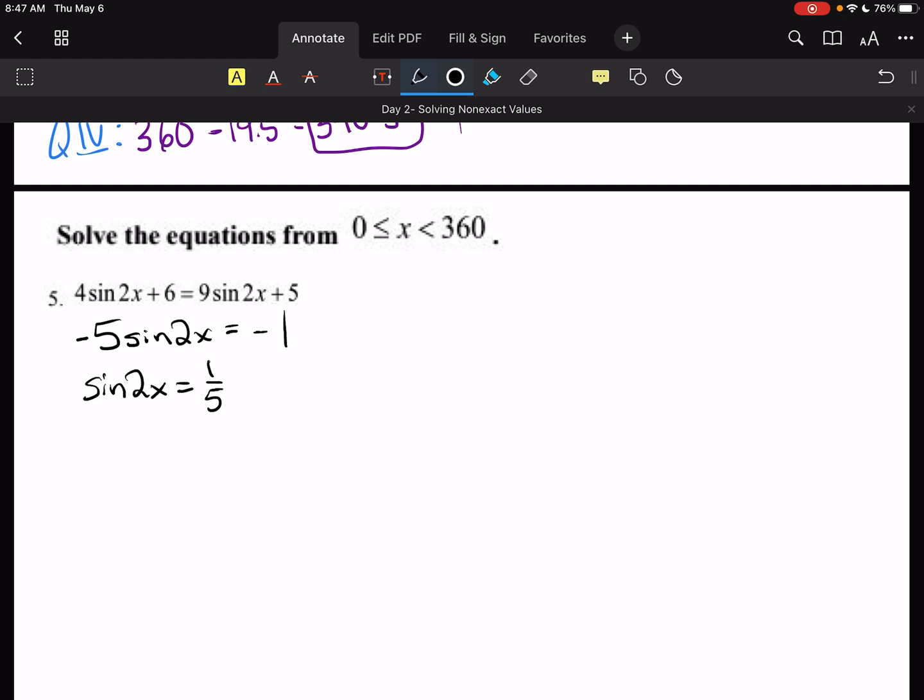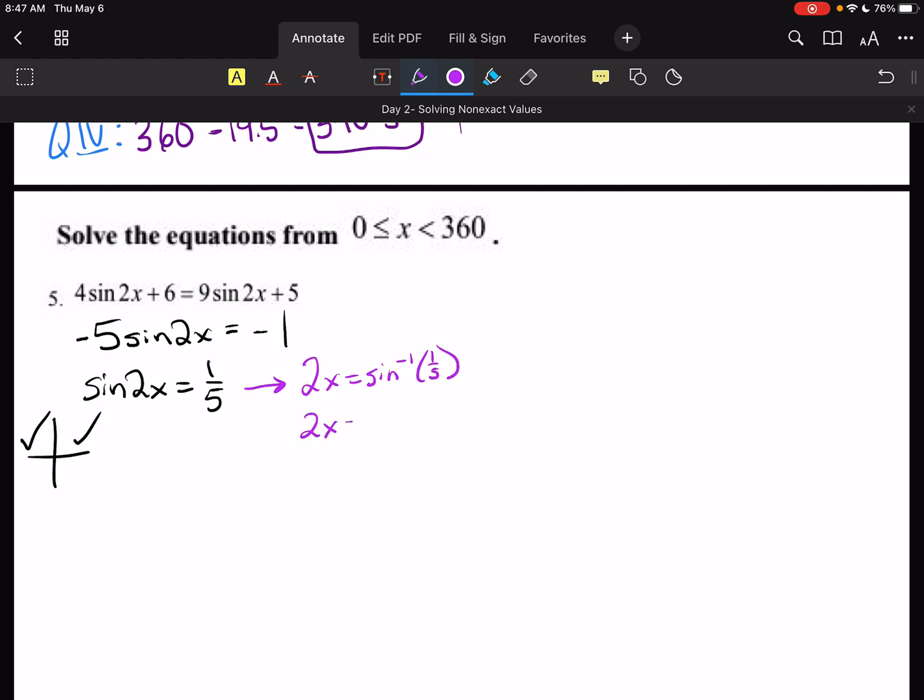So it is positive, right? So that's going to keep me in quadrant 1 and quadrant 2. So doing my inverse is going to look a tiny bit different. Okay, and when I take the inverse, I would have 2x equals sine inverse of 1/5.